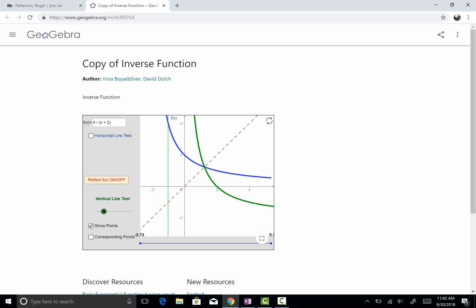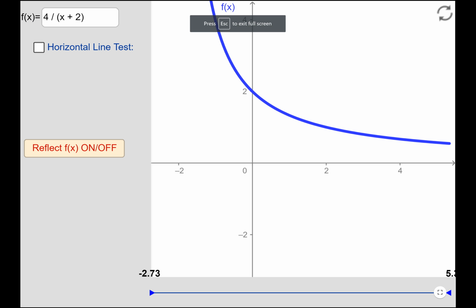Here's the inverse. Sort of looks like a vertical line test is going to be okay, right? If I go along here. Now I know there's more graph down here. I just can't see it. I don't know if it will let me zoom out or not. It's not cooperating a whole lot. Oof, there we go. Maybe that wasn't such a good idea.